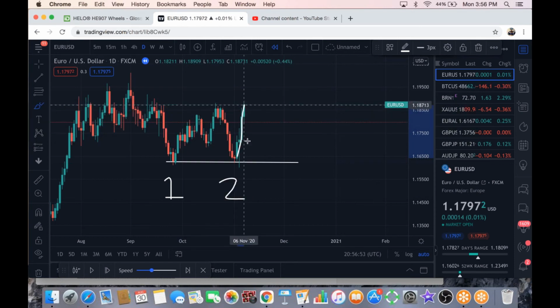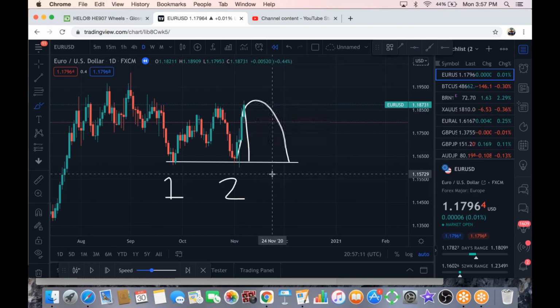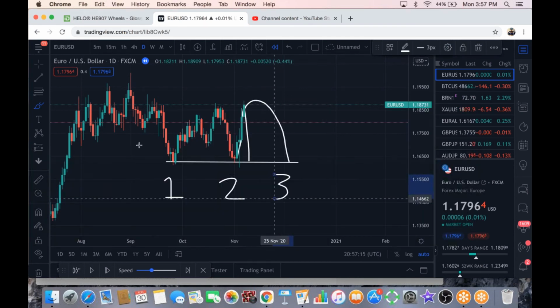If this thing just shoots straight down right there, that's going to be touch 3. If this thing comes like this and shoots over here like this, that's going to be touch 3. Anytime this thing comes over to this point right here in this aligned fashion, that is going to be your touch number 3.